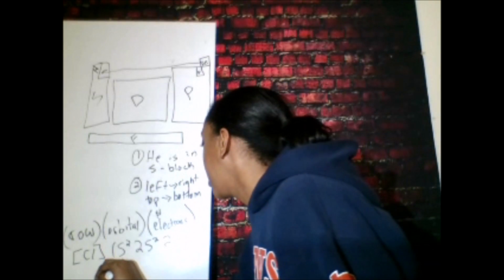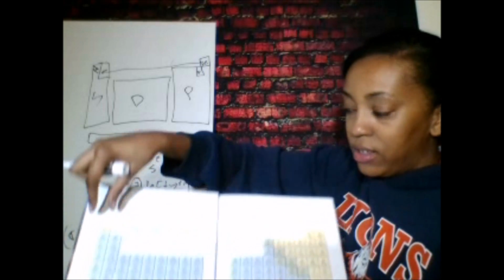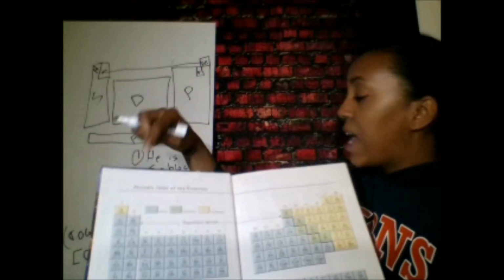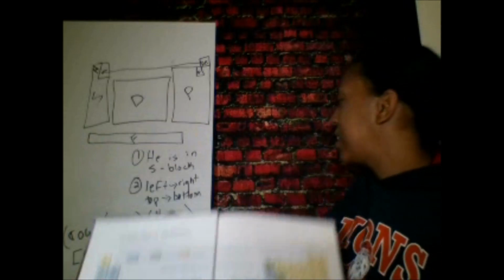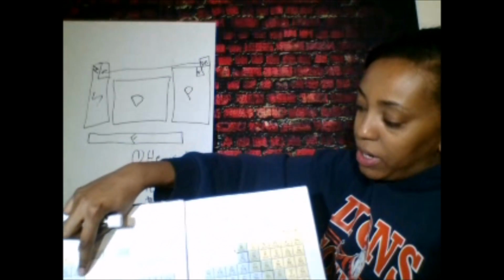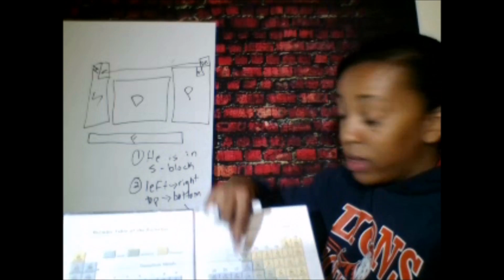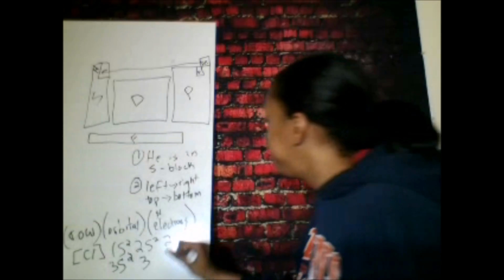So 3s, because we're still in this S block over here. So 3s, and then since we're filling it up, chlorine is over here, so it gets a 2. 3s2. So now we still got to go across, and we're still in the third row. So 3, but we moved over to the P block. This one is the P block.